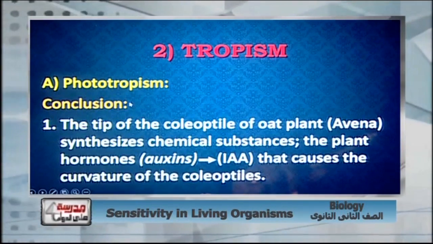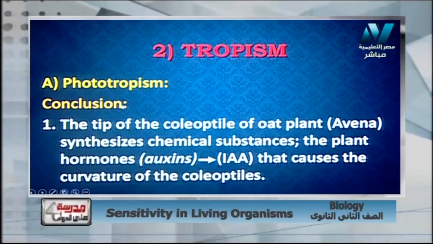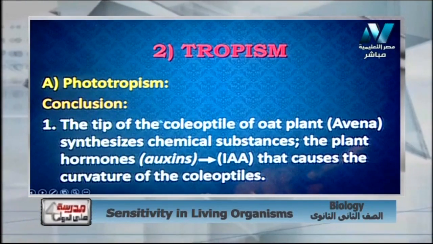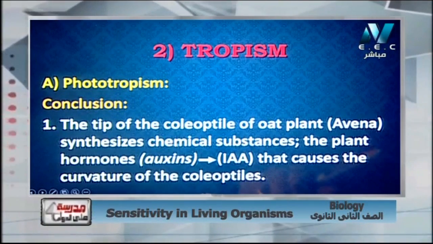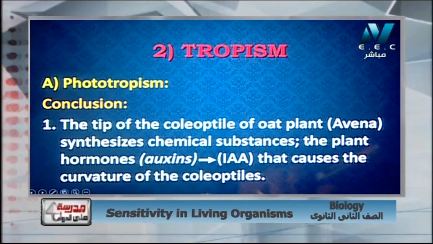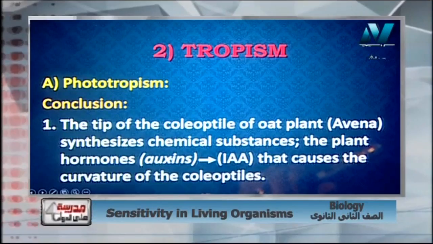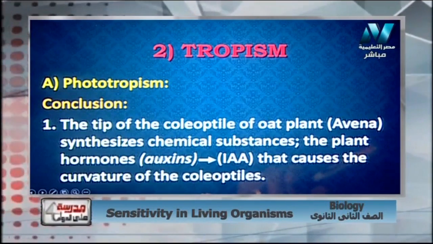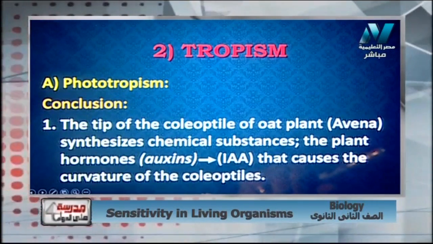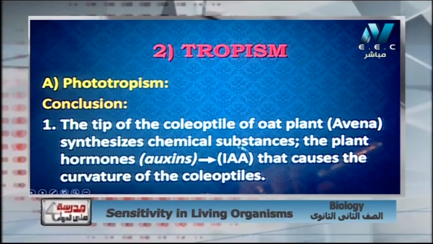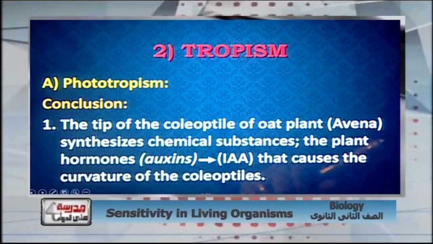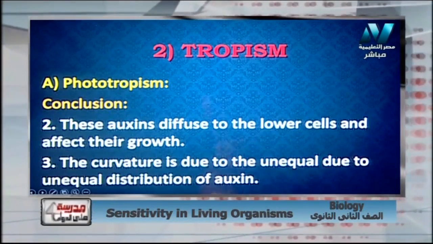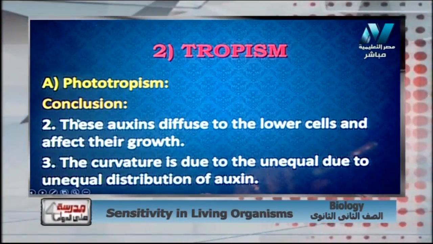Again, the conclusion of the Boysen-Jensen experiment: the tip of the coleoptile of the oat plant, the Avena, synthesizes chemical substances called plant hormones for growth, which are auxins, and the most important one is indole acetic acid, that causes the curvature of the coleoptile.